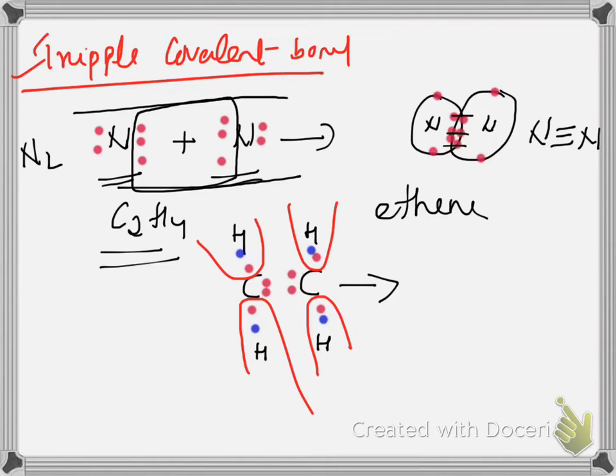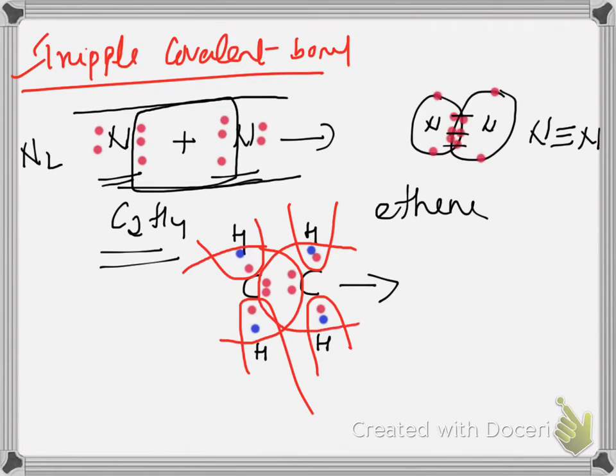Now it has 4, then 5 from this hydrogen, then 6, and 2 from the neighboring carbon. In the same way, the second carbon takes like this.